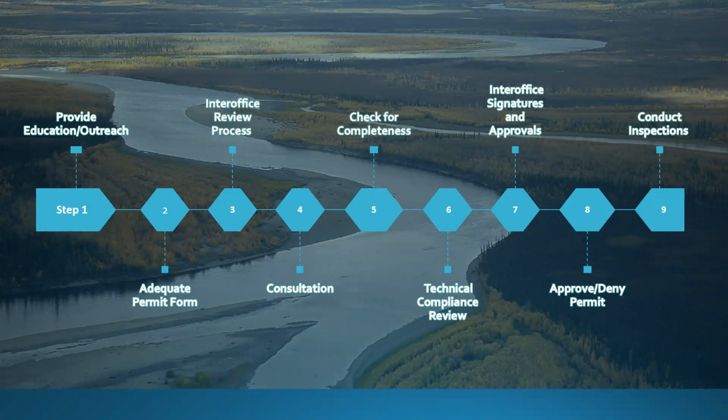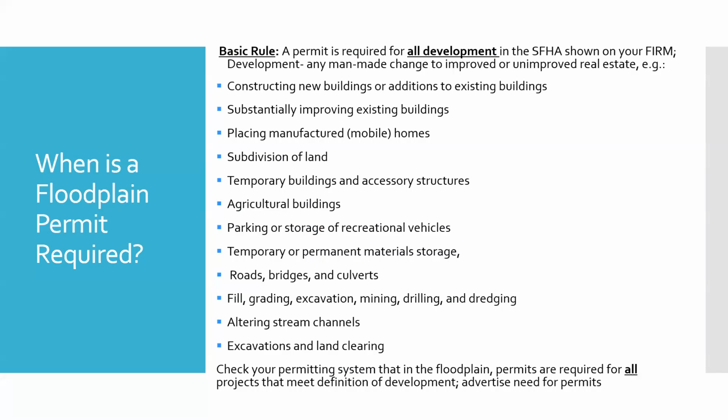Then making sure everyone's on board with approvals of those other departments, and then we either approve or deny the permit, and we'll talk about the documentation for that. Then doing inspections is another important step that comes in during and after the process. We will get into all of that.